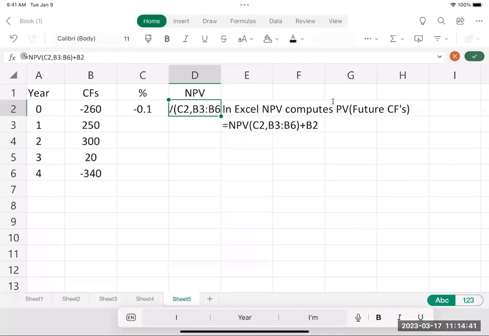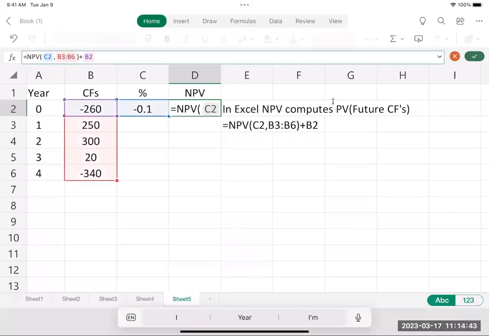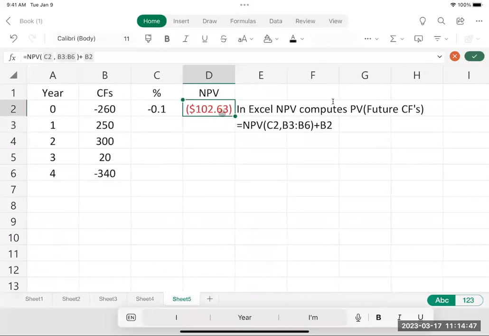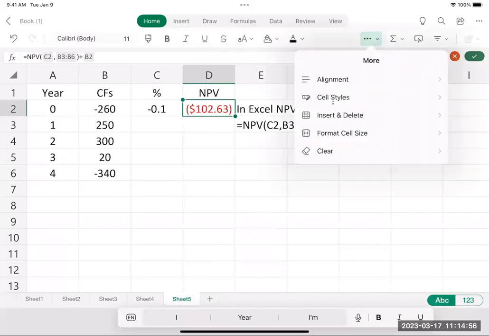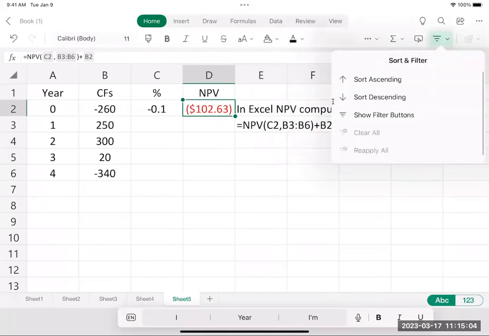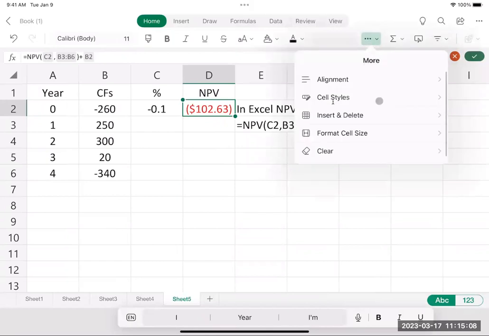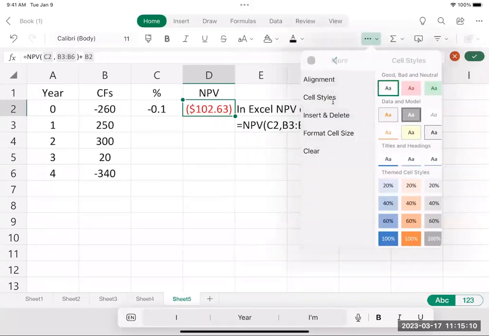All right, so when you put an apostrophe, it doesn't make it a formula anymore. All right, so this is what I got. This means negative. Let's round it so it looks like the notes. I'm going to round it using the, where did I do that again? Sorry.